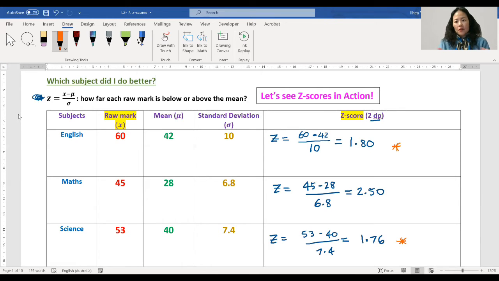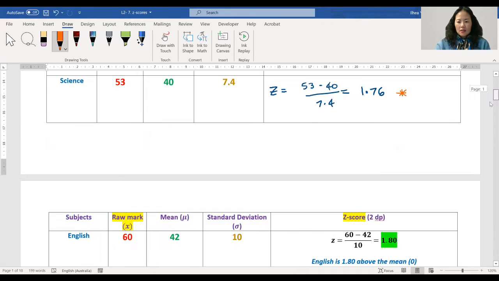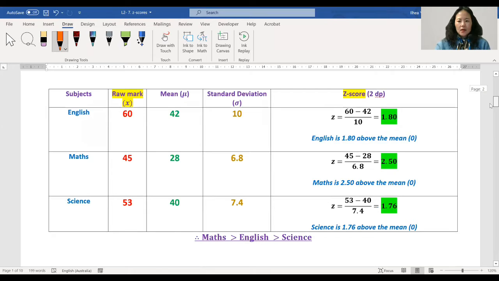But with converting to z-scores, I can tell where they are from the mean, from the 0. So I would say English is 1.8 above the mean, Maths is 2.5 above the mean, and Science is 1.76 above the mean.